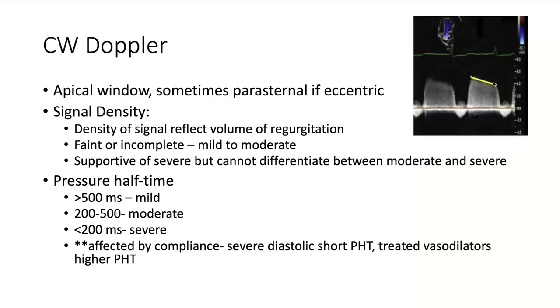Severe diastolic dysfunction can have short pressure half times. Also, if you treat your aortic insufficiency with vasodilators, you can actually have higher pressure half times, essentially saying that it's less severe, but you're treating the aortic insufficiency.